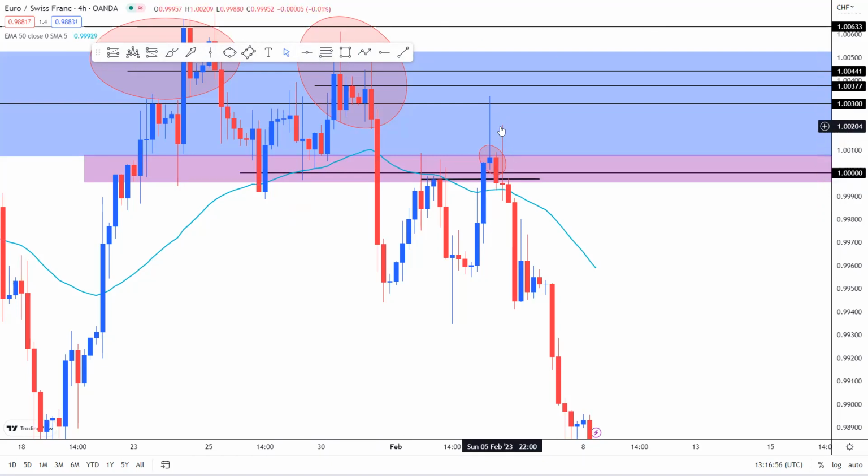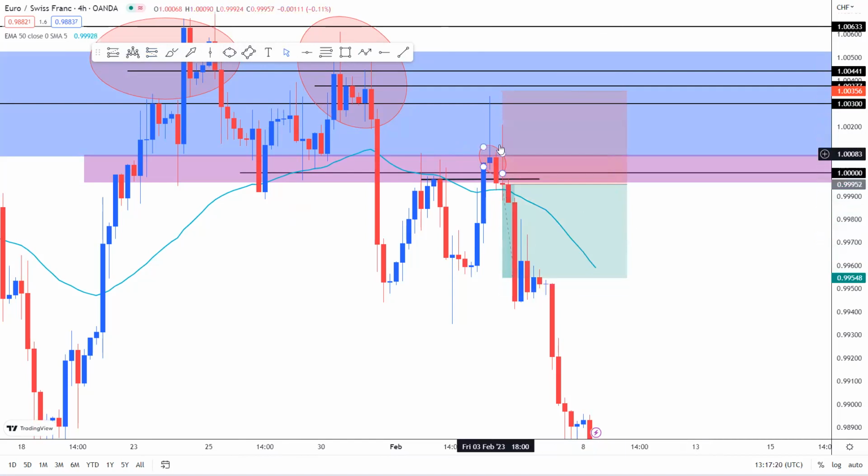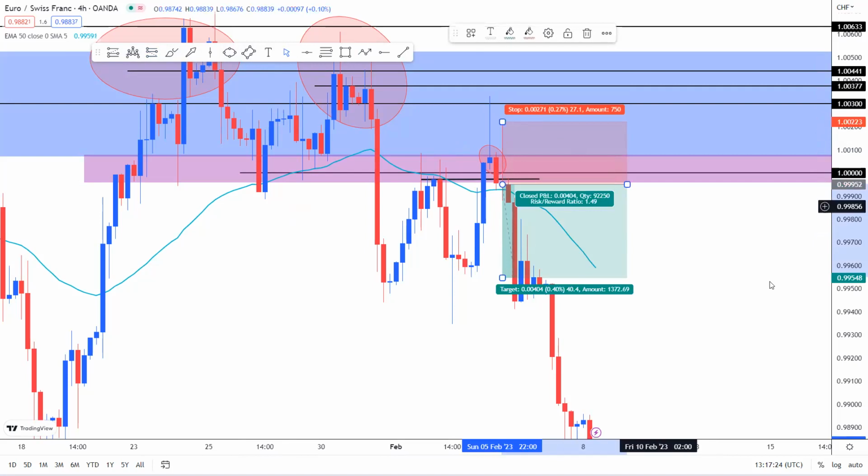So we had a combination of both the rejection and then a momentum candlestick at the second leg of the double top as seen from the 4-hourly time frame. I started my sell entry at the second rejection candlestick with a tight stop loss on this.